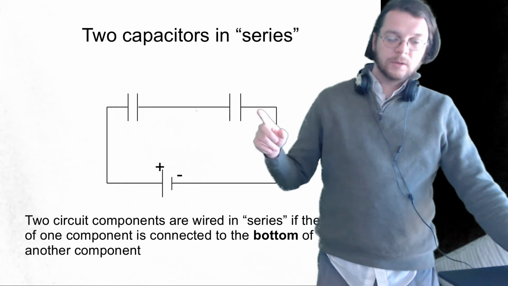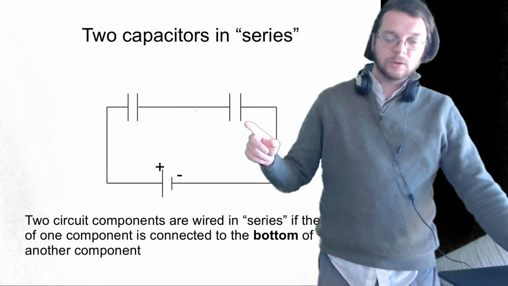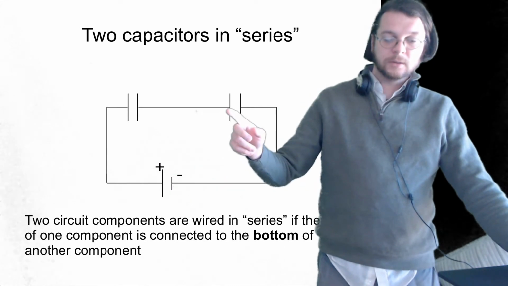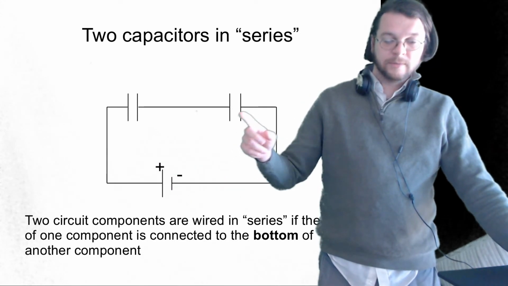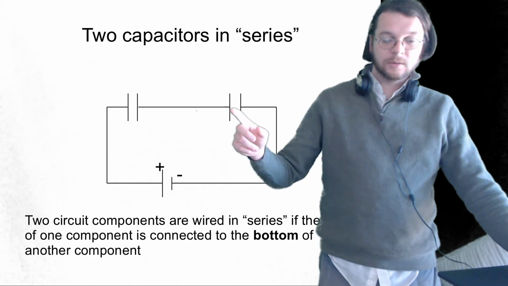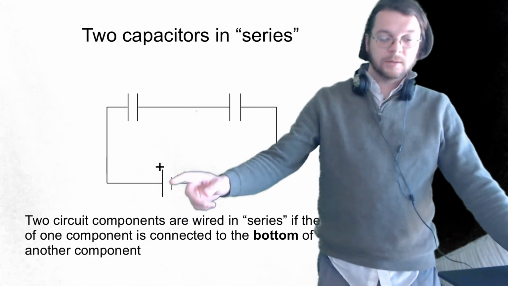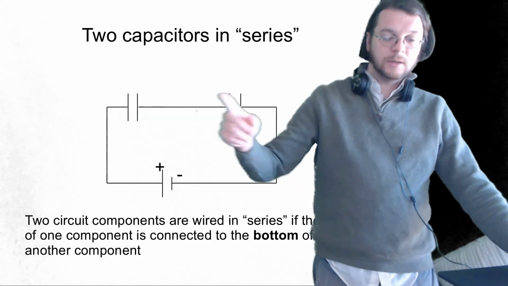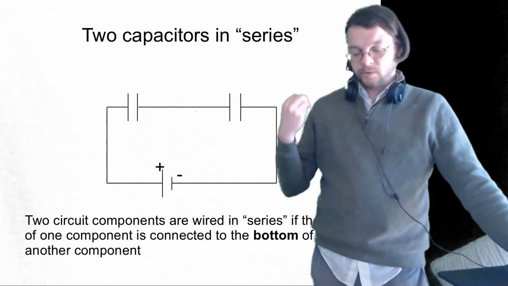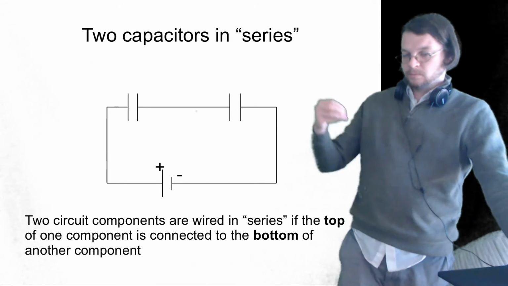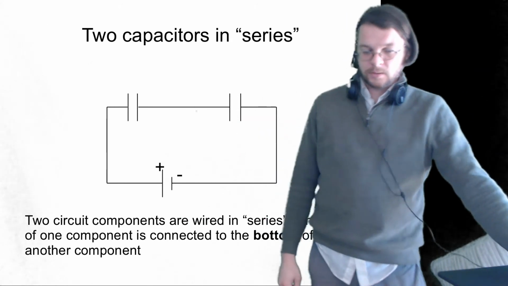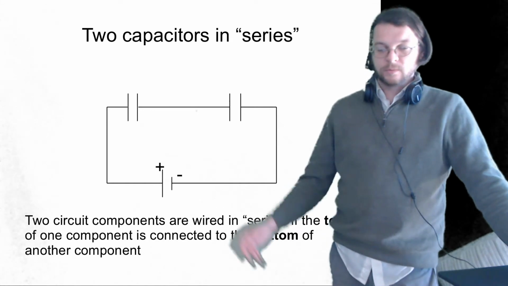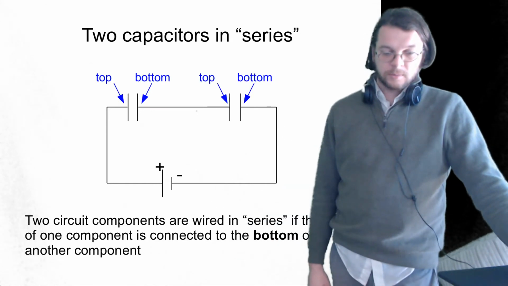And then there's these two plates here. Well, which one is closer to the battery? Starting from this spot, this one would be closer. So the bottom of this one is connected to the top of that one. When you are connecting things from bottom to top, that is a series. And so there's a variety of rules that exist in that case that we'll talk about.